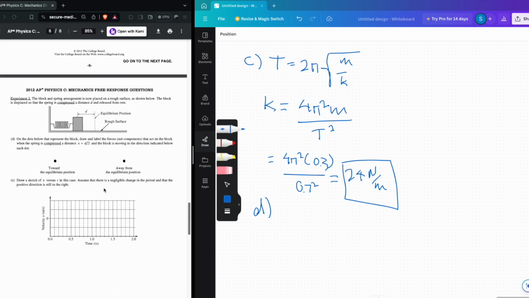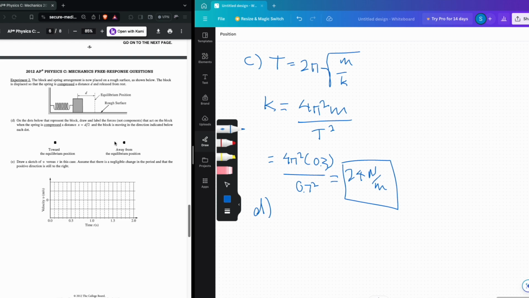For part D, now we have a frictional surface, and we have to determine the forces. When the block is moving towards equilibrium, we would have normal force and gravity.